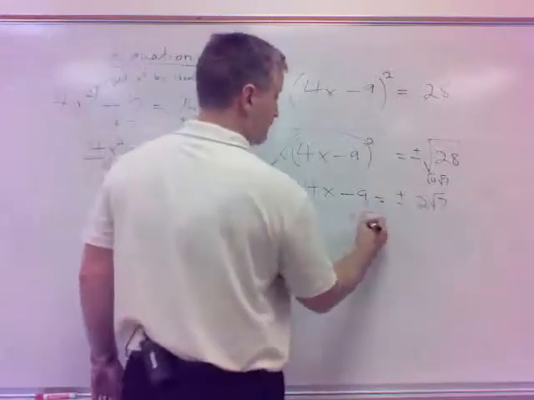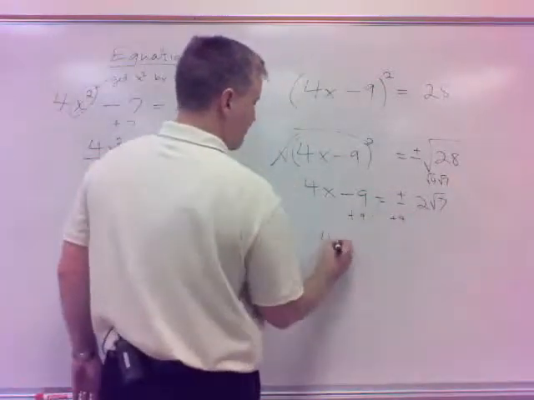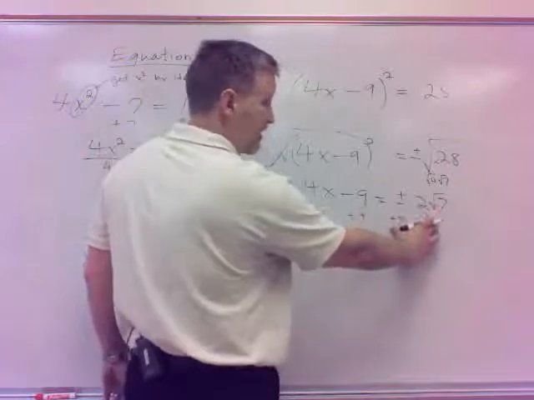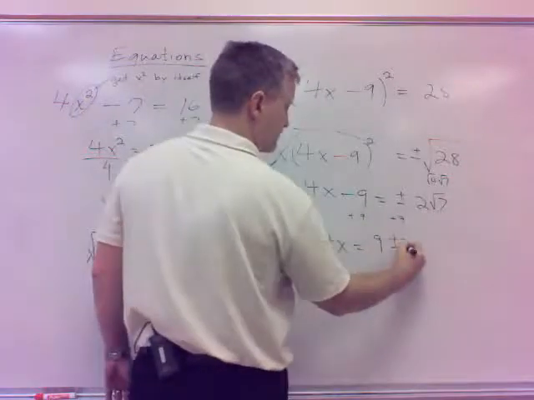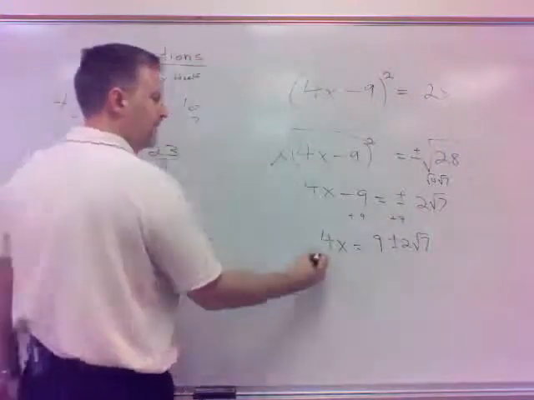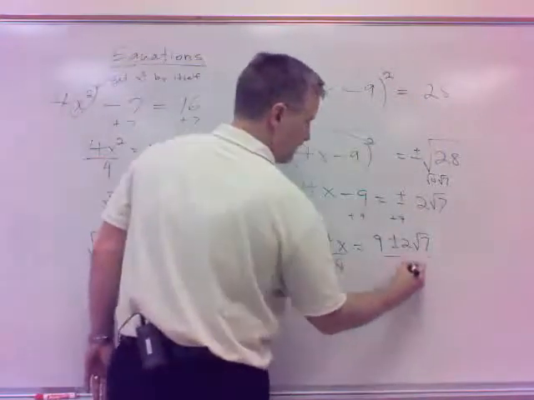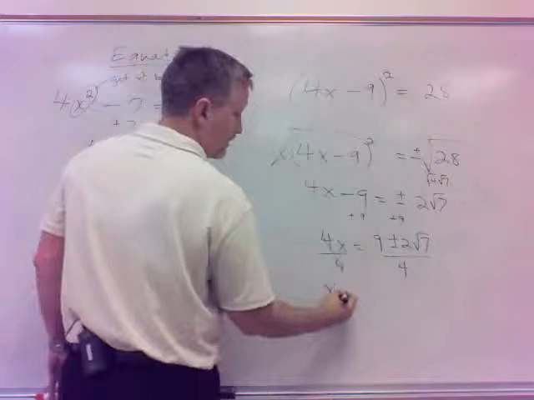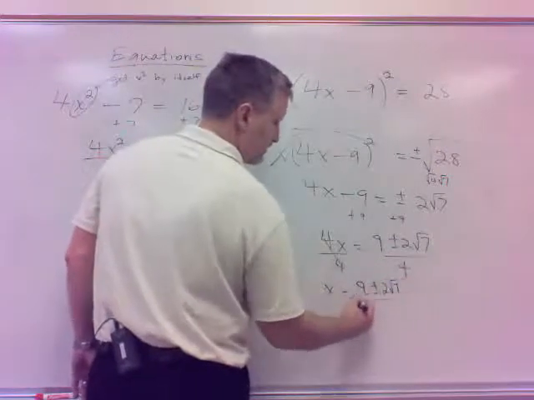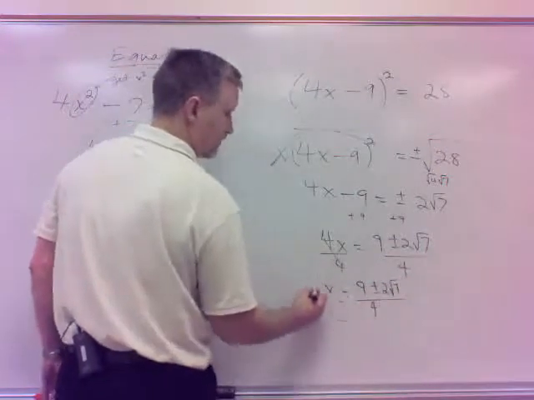Add 9. So we get 4x equals, and then can't combine those, right? Not like radicals, so that would be 9 plus or minus 2 square root of 7 is one way I could write it. And then divide off 4. So I wind up with x equals 9 plus or minus 2 square root of 7 over 4.